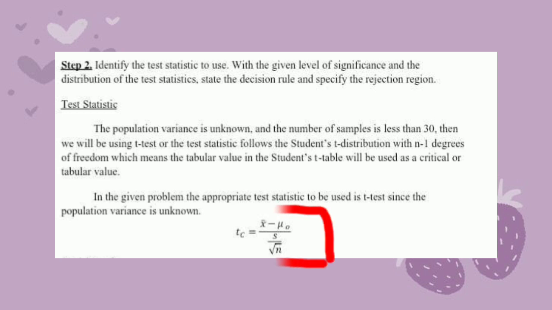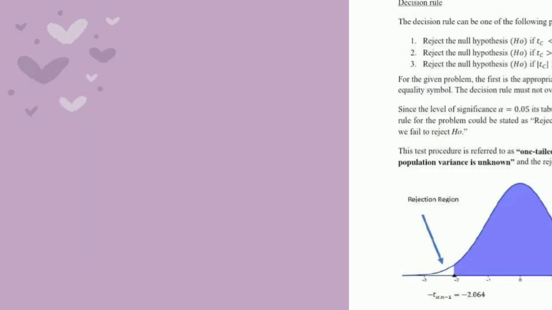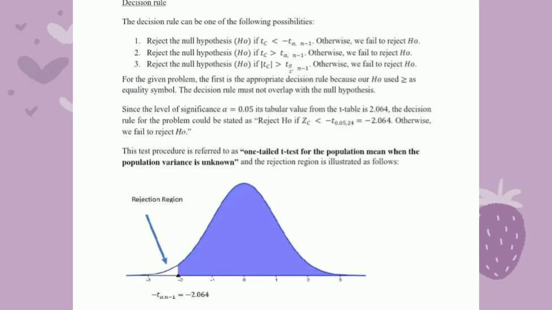The formula is: the t-value is equal to the sample mean minus the population mean over the standard deviation divided by the square root of the sample size. Decision rule. The decision rule can be one of the following possibilities. Number 1. Reject the null hypothesis if the computed t is less than the negative critical value, otherwise we fail to reject the null hypothesis.